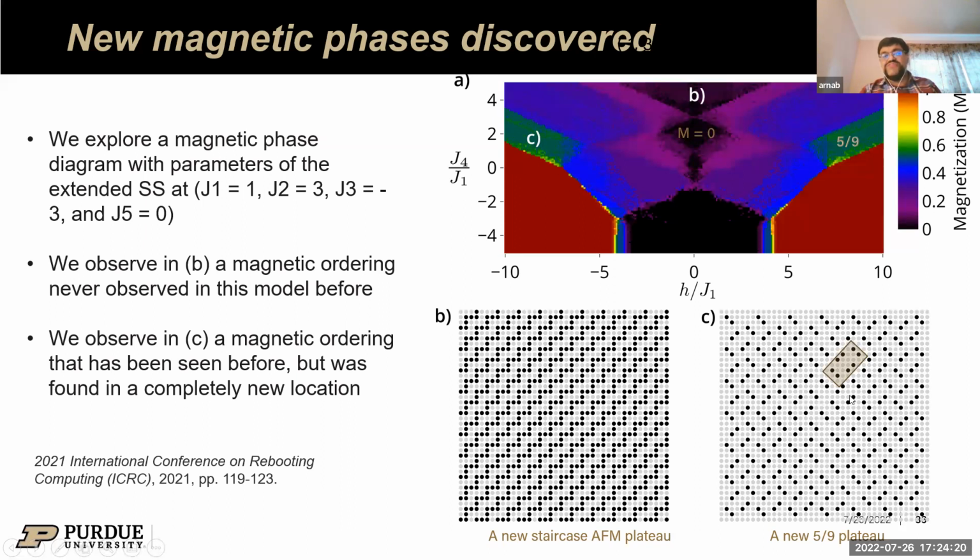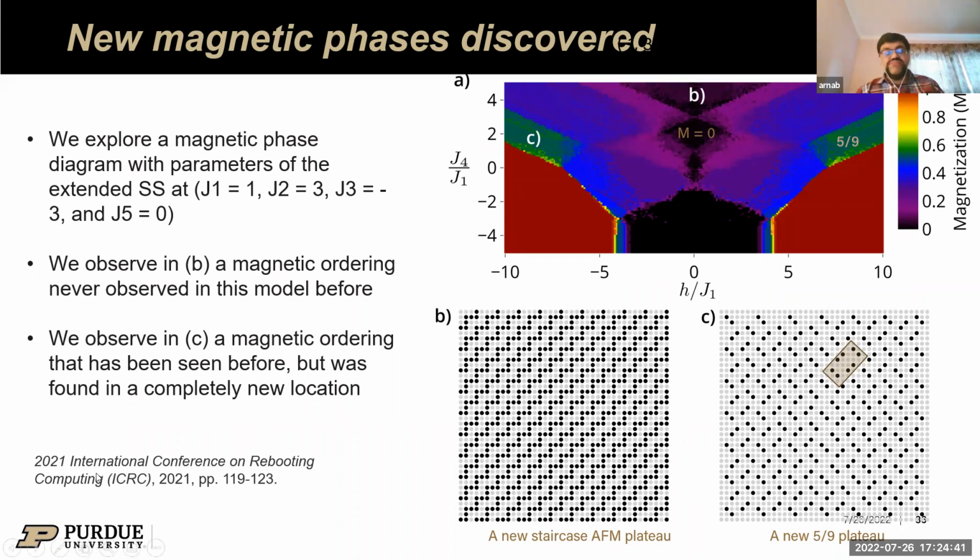It's a 5/9 plateau. But as you can see, it has coordination over several spins. So these are very complex phases involving very large plaquettes. And it was heartening to see that you could even see that. So that was what we found.